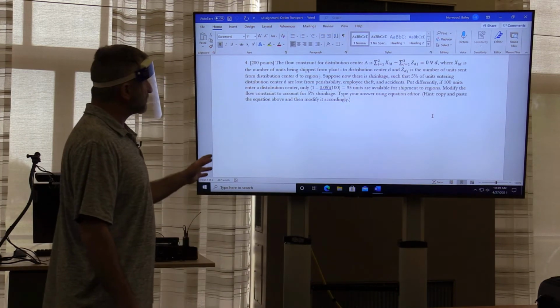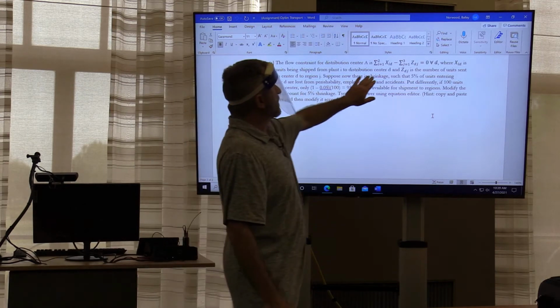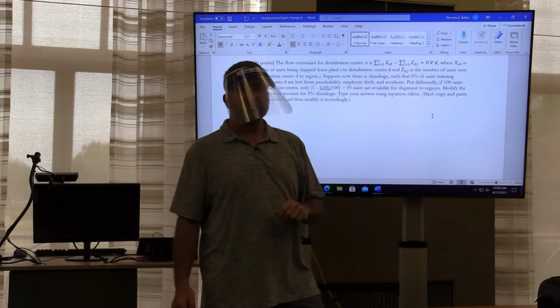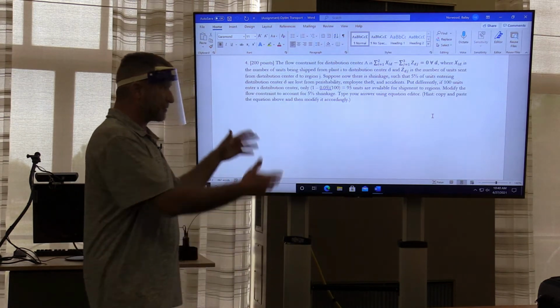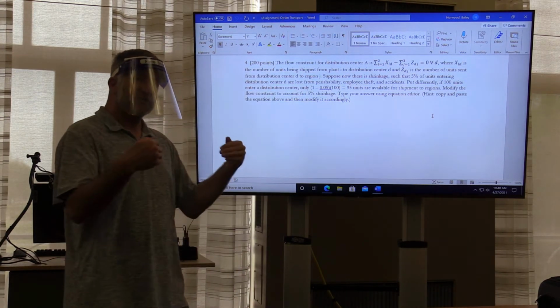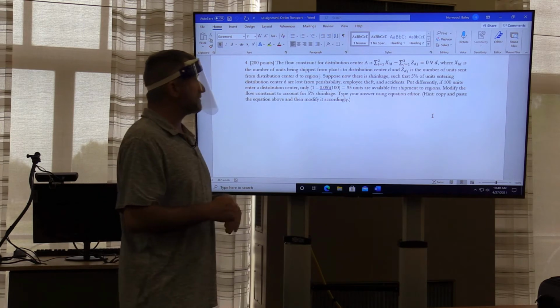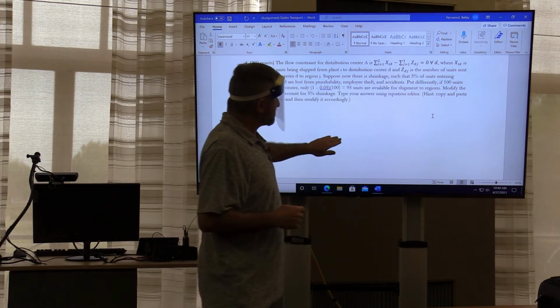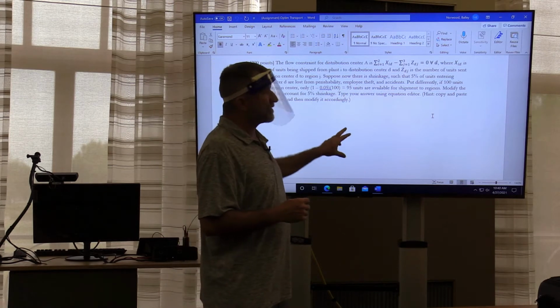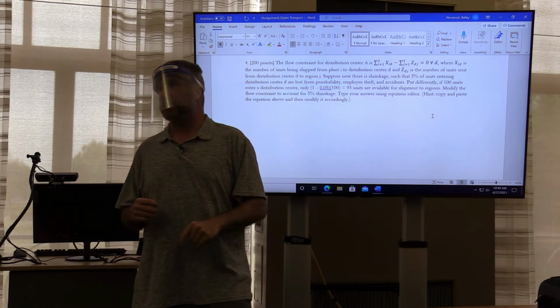And all I ask you to do there is to modify this equation to account for that shrinkage. And I want you to type all your answers in here. You're going to upload this document to the assignments. And so I would just copy this and paste it down here, and then put in the numbers where you think it should go to account for shrinkage.